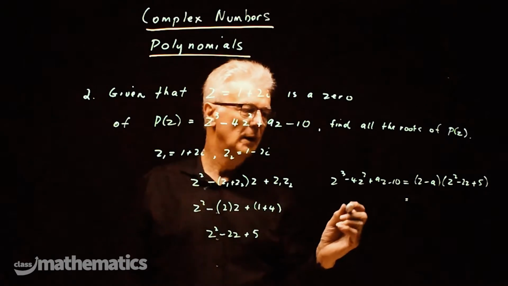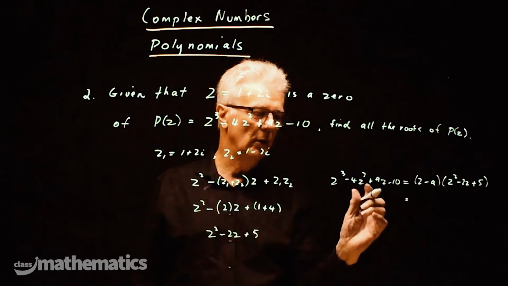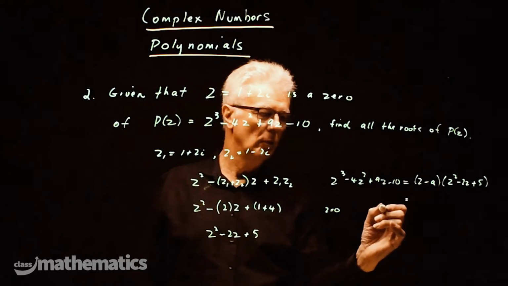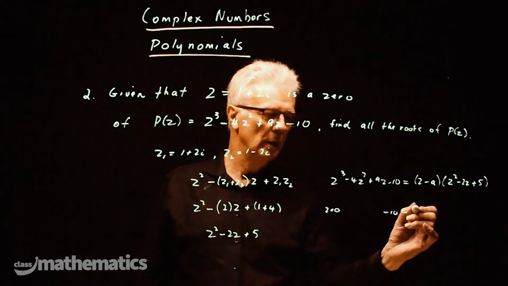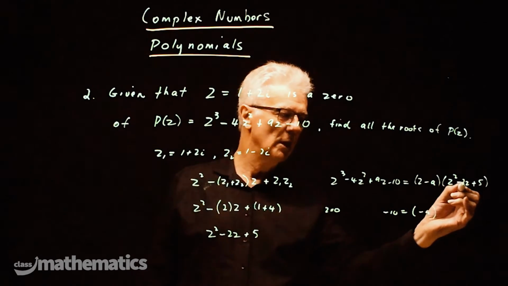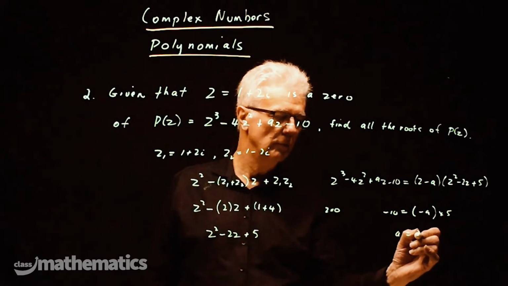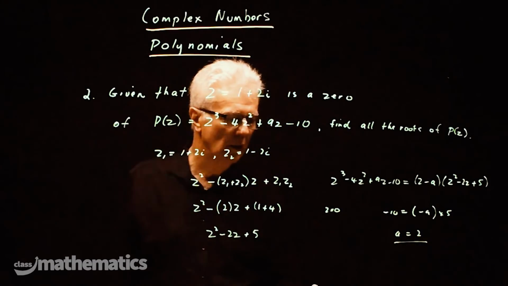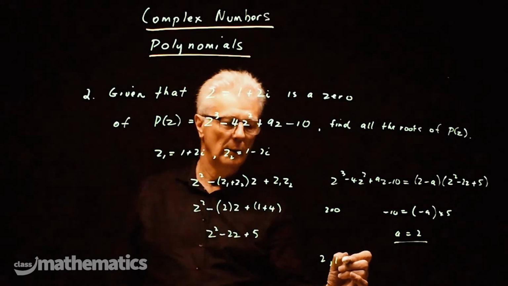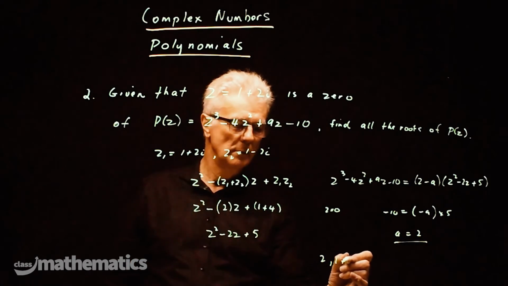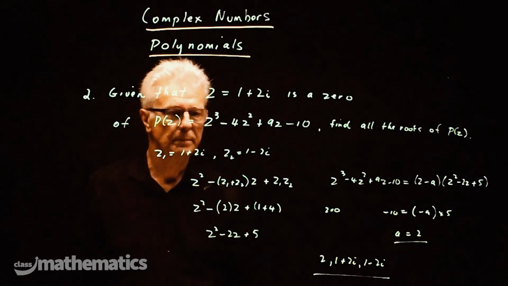Now, this is an identity, so simply by substituting a value, say z equals 0, we get minus 10 equals minus a times 5. So you can see that a must be equal to 2. Therefore the roots are 2, and from here 1 plus 2i and its conjugate 1 minus 2i. Done.